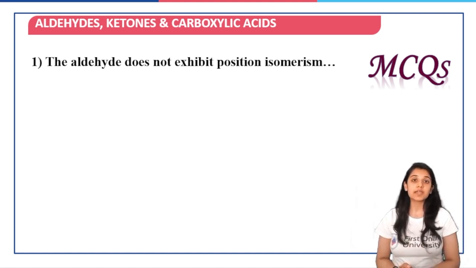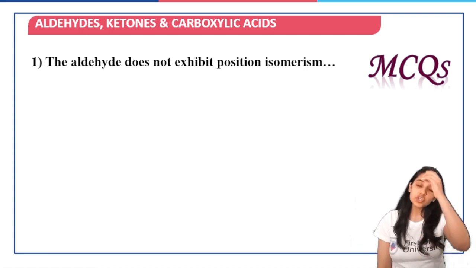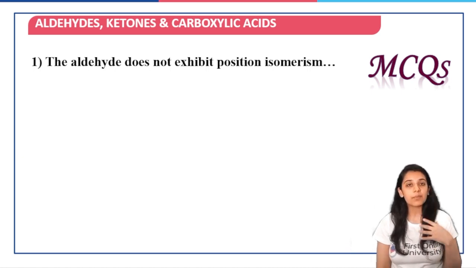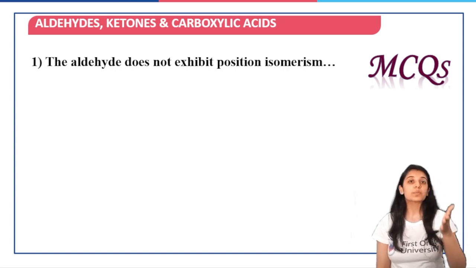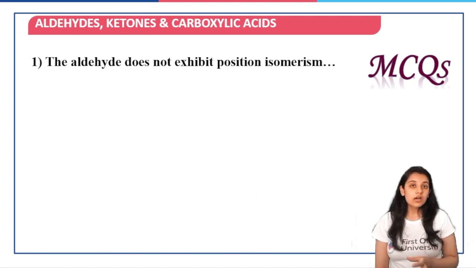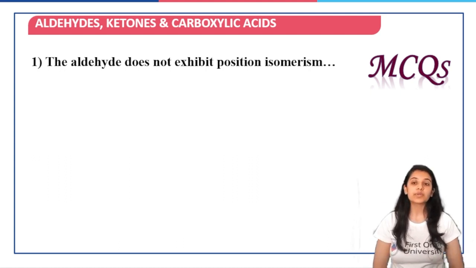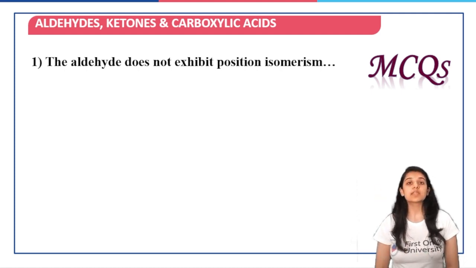As is clear from the name, there is going to be a difference in the position of the functional group. Since we know that there is one specific type of aldehyde which will not be able to get the position of the aldehyde group shifted to some other position, that is the aliphatic aldehydes, because they are always going to be terminal aldehydes.